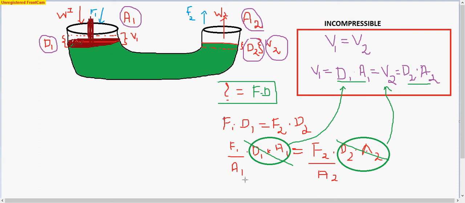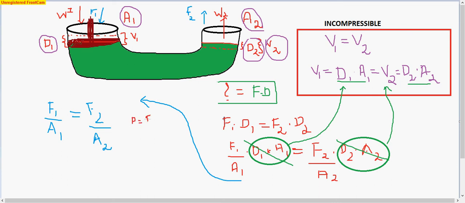So from this we have F1 by A1 equal to F2 by A2. Alright, now what is the equation for pressure? As you know, pressure is equal to force by area, and I'm sure most of you who understood this lecture till now know this equation very well.